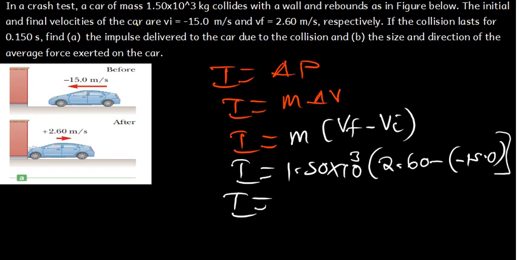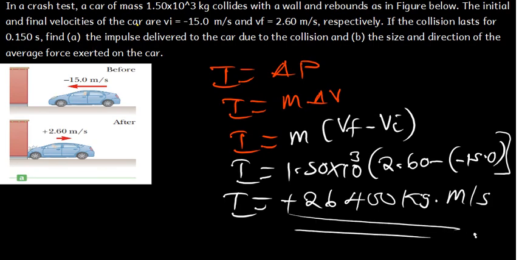That is the mass, but the initial velocity is negative 15. So it's 17.6 times 1.50 times 10 raised to the power 3. Now, since inside the brackets we're getting positive, my impulse is going to be positive 26,400 kg meter per second. That is going to be my impulse.